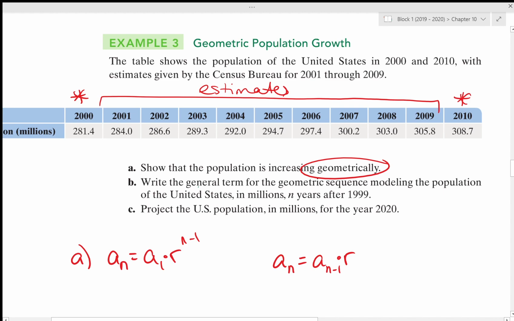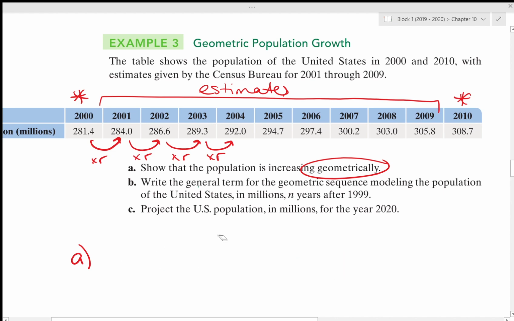Well, the only way that's going to work is if, to get from problem to problem, like I'm showing here, I would have to constantly multiply by the same number. So what I'm going to do is I'm going to try and make sure that I'm going to get that. So my ratio, my common ratio, would be, so this is my first term, right?